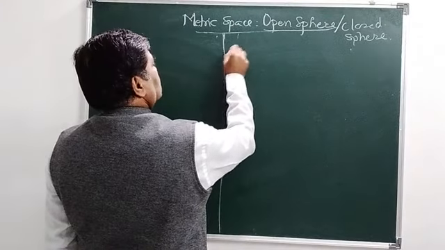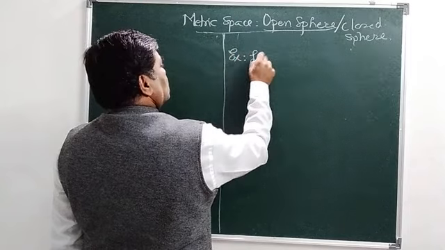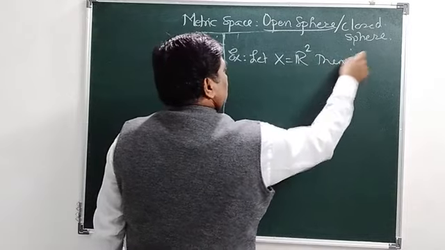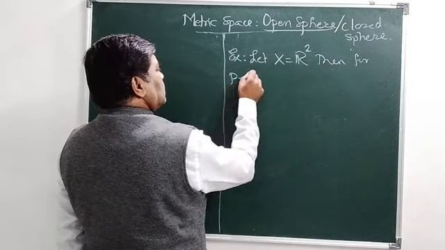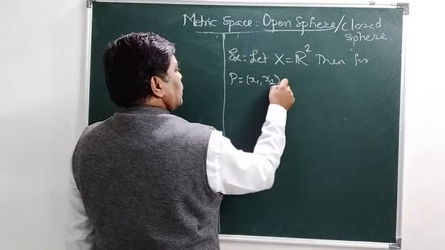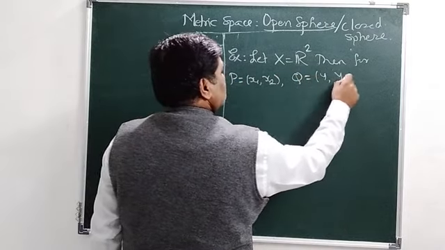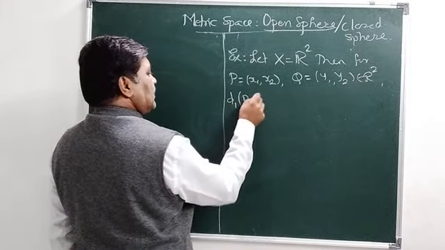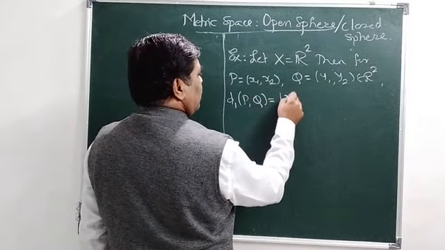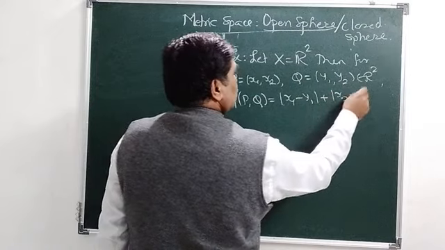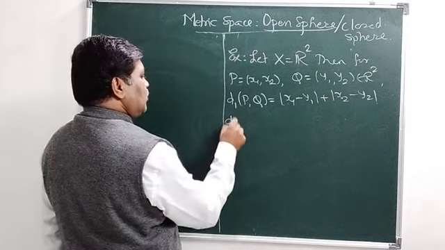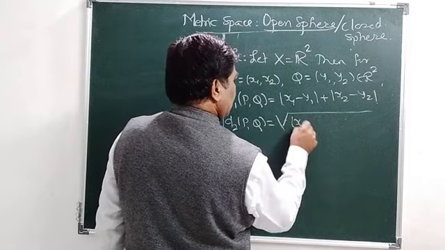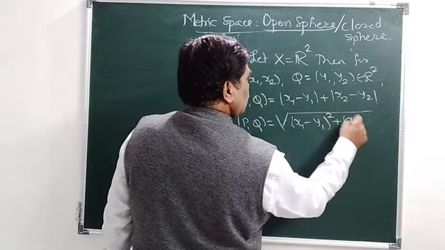Let X be equal to R2. Then for p equal to (x1, x2) and q equal to (y1, y2) belonging to R2, what is our metric? d1 of p, q is mod of x1 minus y1 plus mod of x2 minus y2. d2 of p, q is the usual distance function, under root of (x1 minus y1) square plus (x2 minus y2) square.